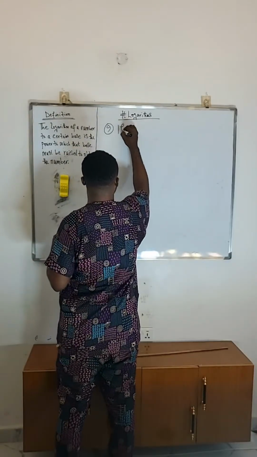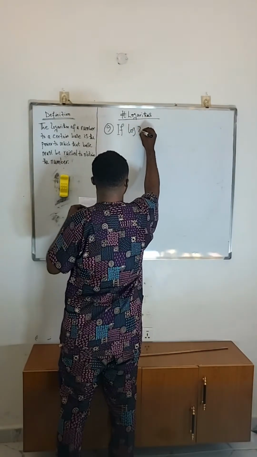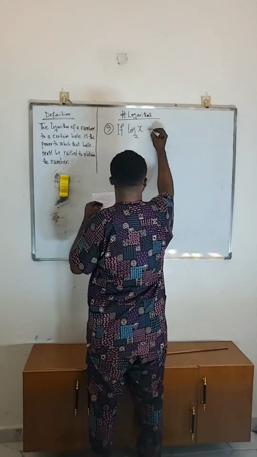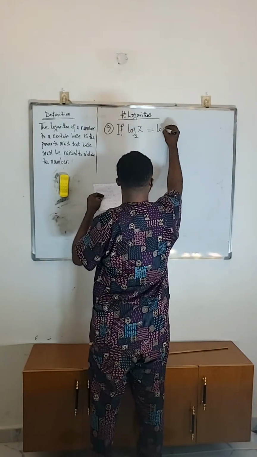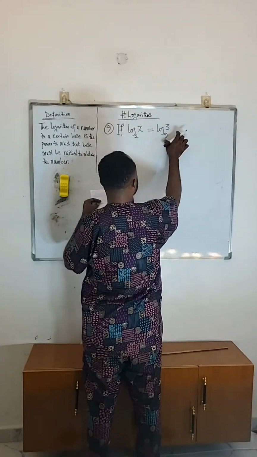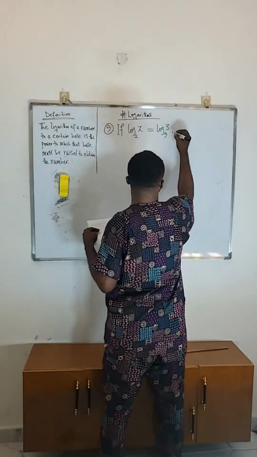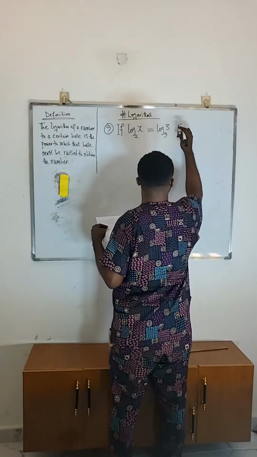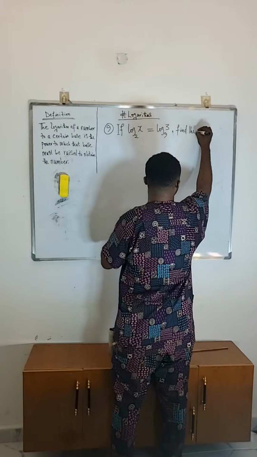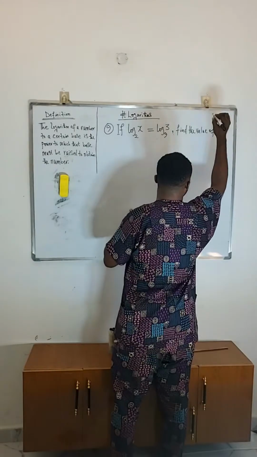Question number 9 says: if log x in base 2 equals log 3 in base 9, you are told to find the value of x.